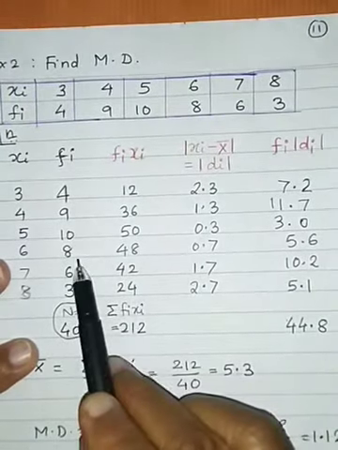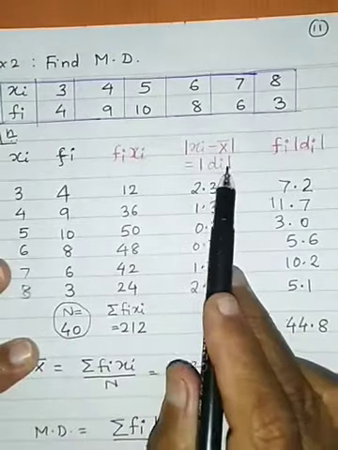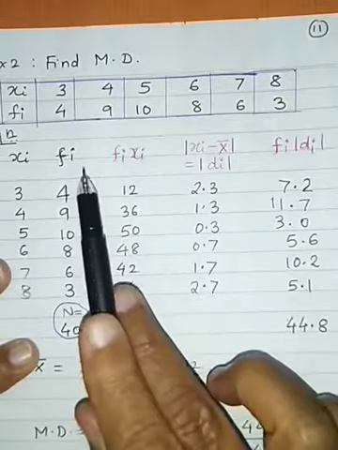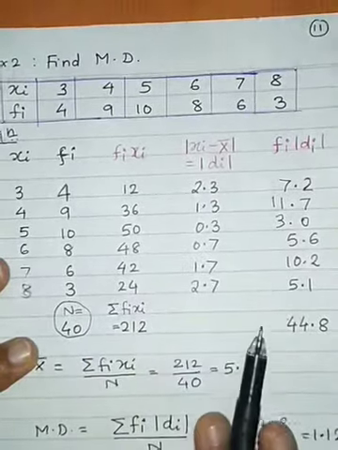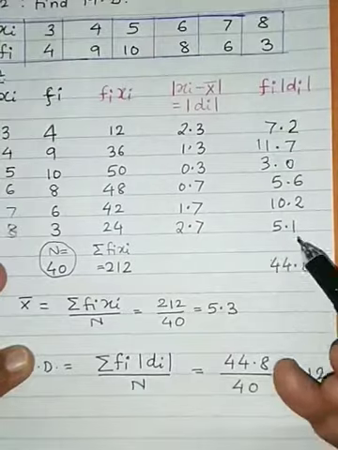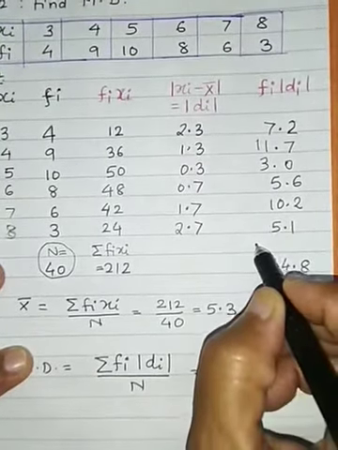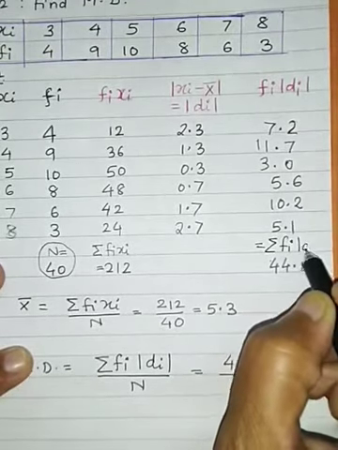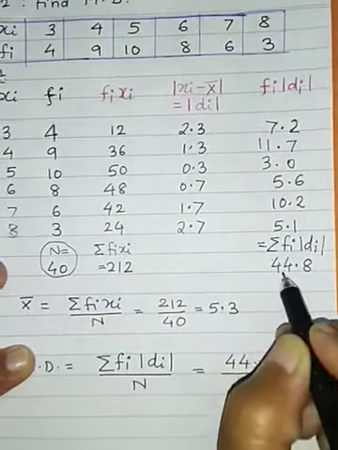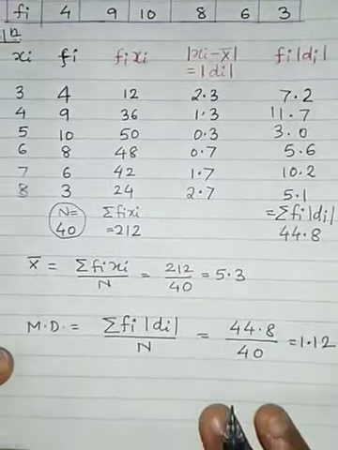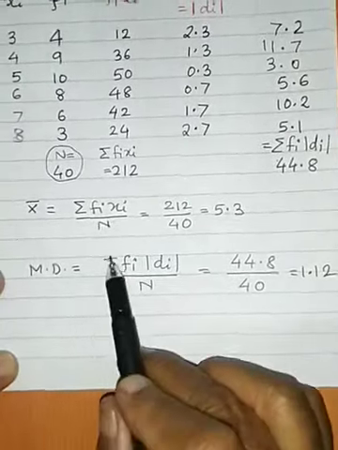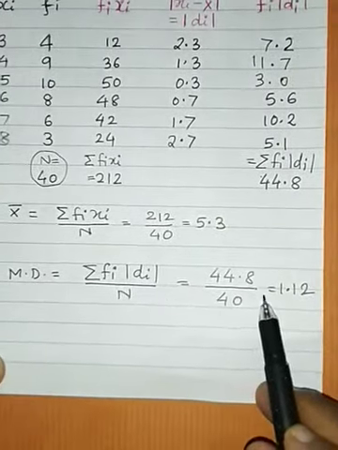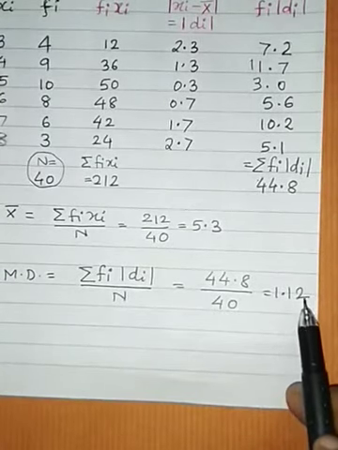And so on. fi and mod di. We are multiplying these two columns. Focus on only these two columns. Similarly, you add this column, that will be summation fi mod di, that is 44.8. Now substitute here: summation fi mod di upon n, so that comes to be 1.12.